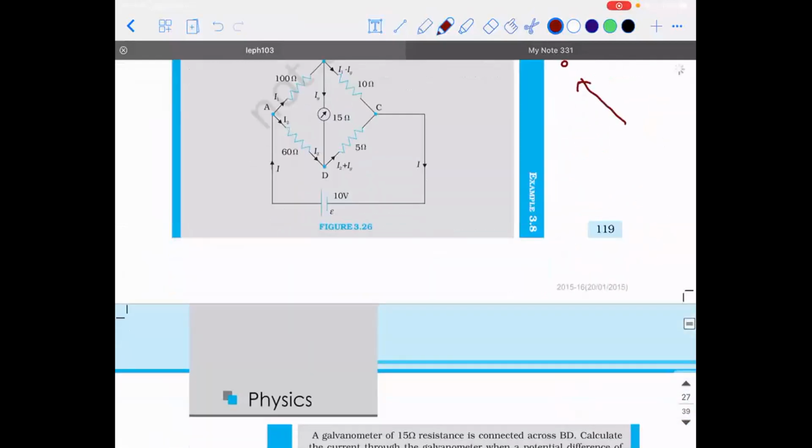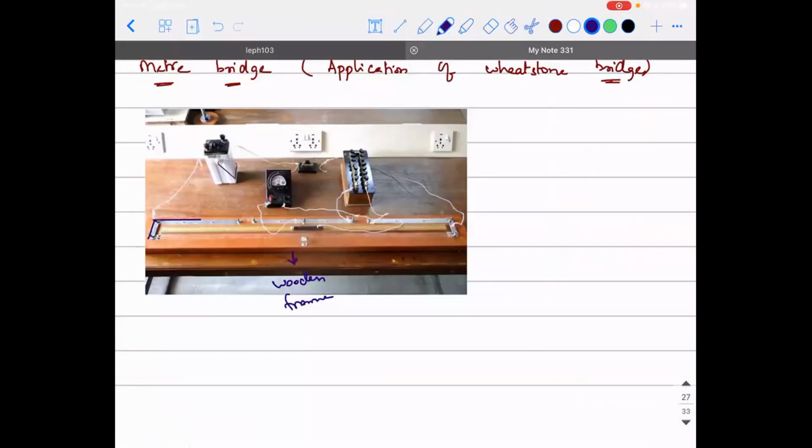On this wooden frame, there will be an L-shaped metallic strip placed in this way, where you will have certain knobs here and here. Similarly, there will be another L-shaped strip placed at the other end. It is also made of metal, and you will have a knob here and a knob here. If you ask me why a knob is there, the knob is only to establish an electrical connection, like a screw kind of structure, so that you can insert the wire there and generate the connectivity.